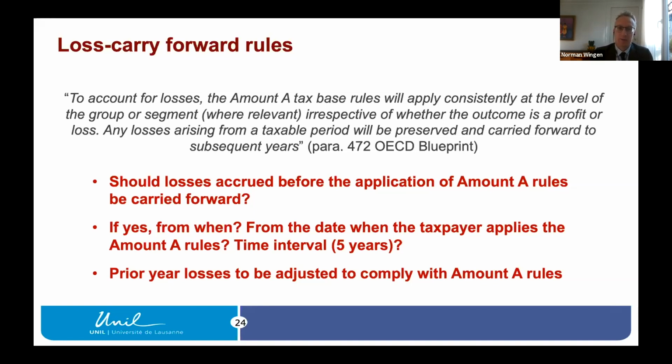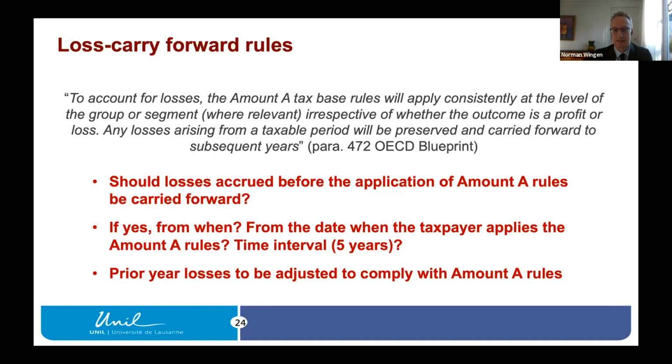The question about the pre-regime losses, so losses which have occurred before the establishment or implementation of Amount A, is an interesting one. And I think you have already alluded a little to the negotiation.